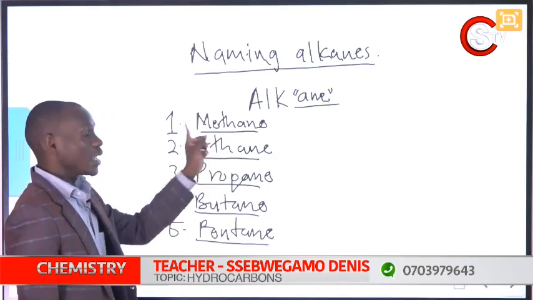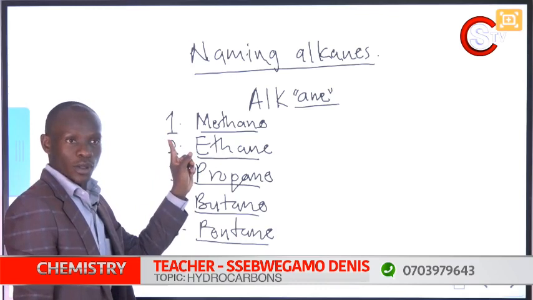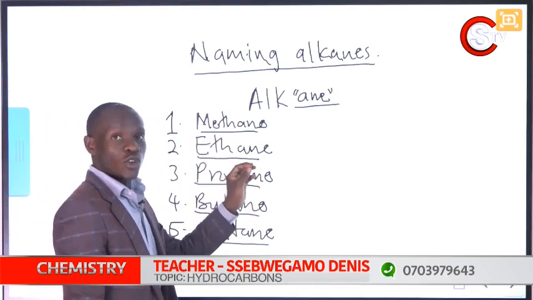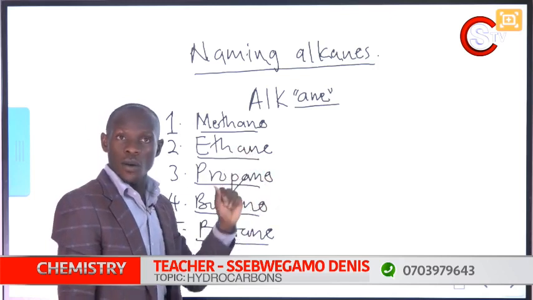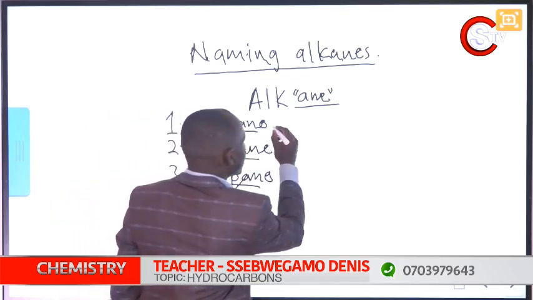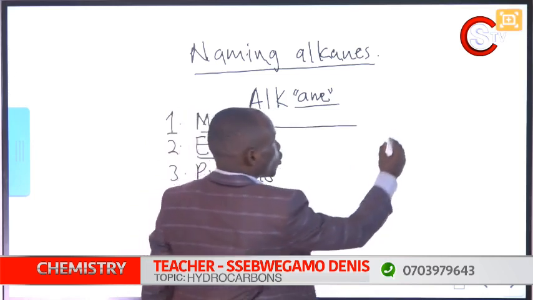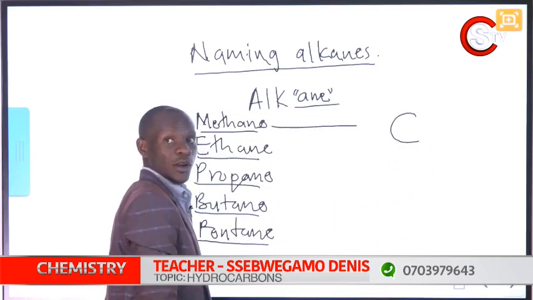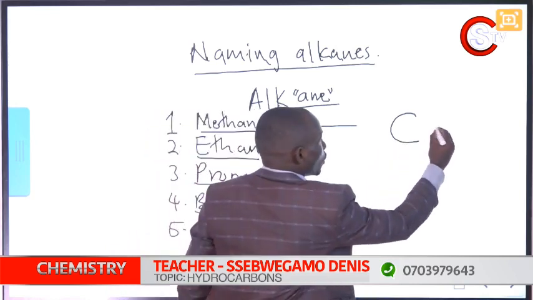We are saying methane has only one carbon atom. But remember, we said the carbon atoms must be surrounded by 4 bonds. So if I'm looking at methane, it has one carbon atom, meaning it is going to be surrounded by 4 bonds.